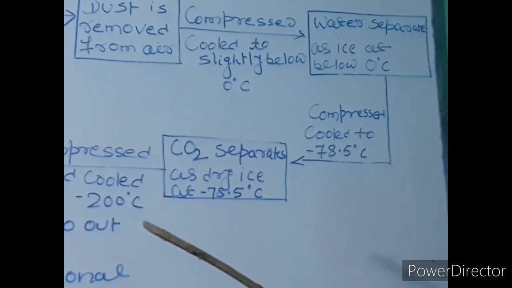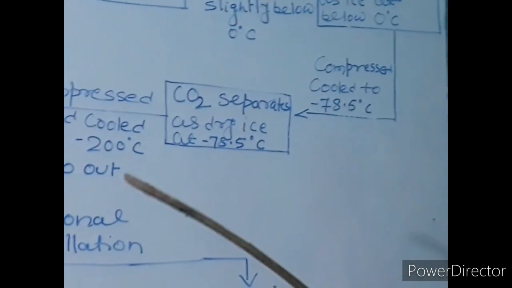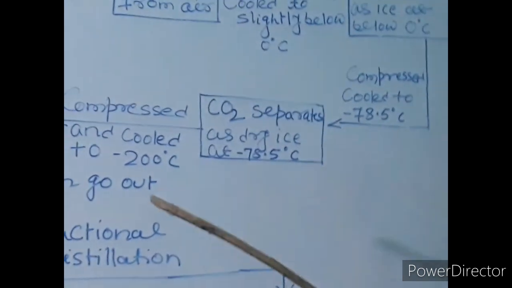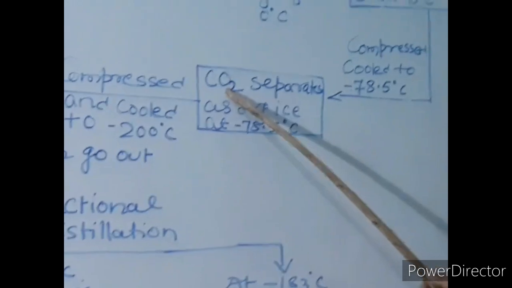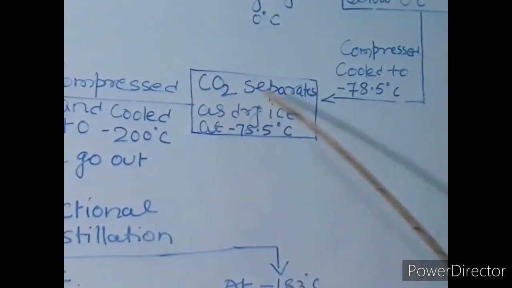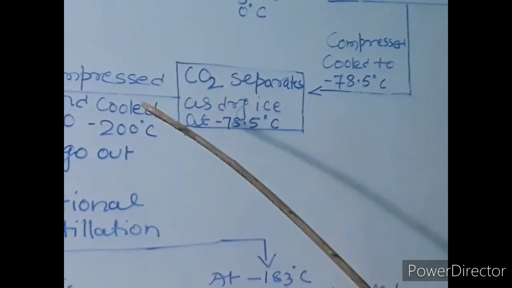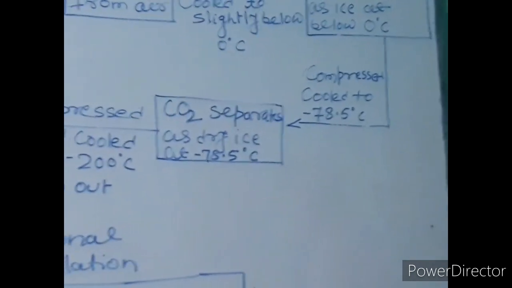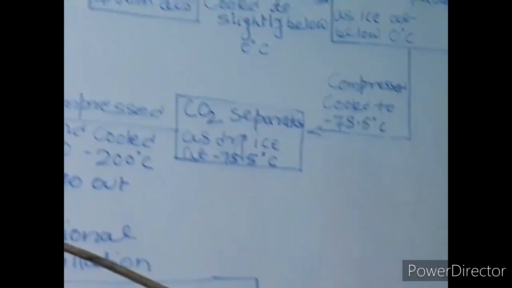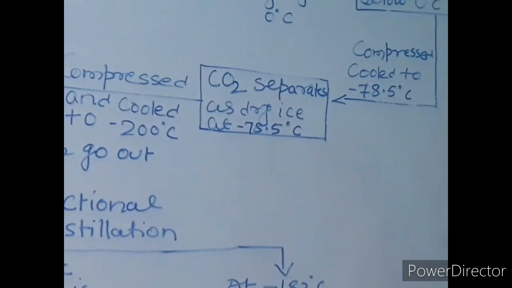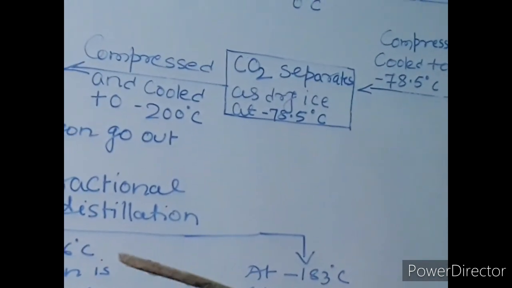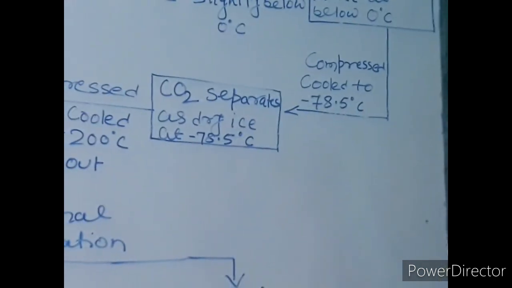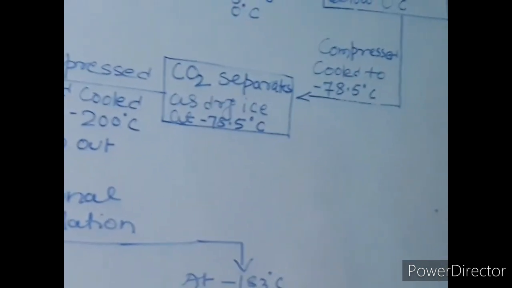When compressed air is cooled to minus 78.5 degrees Celsius, what happens? Carbon dioxide separates as dry ice. The carbon dioxide present in the air will convert into solid carbon dioxide. That is known as dry ice.